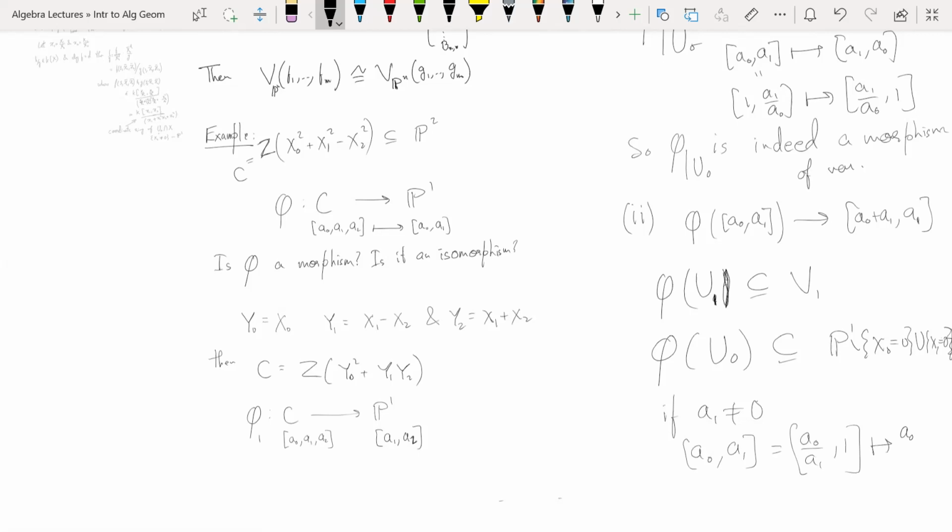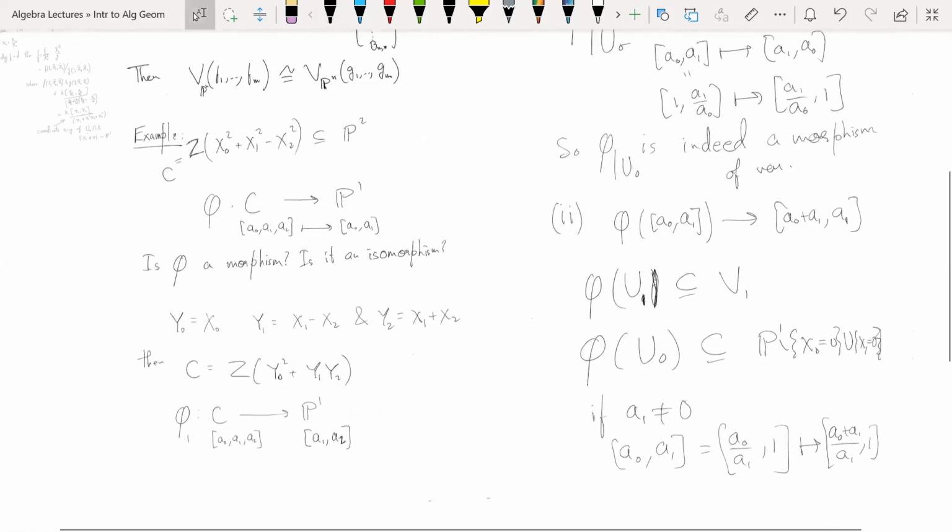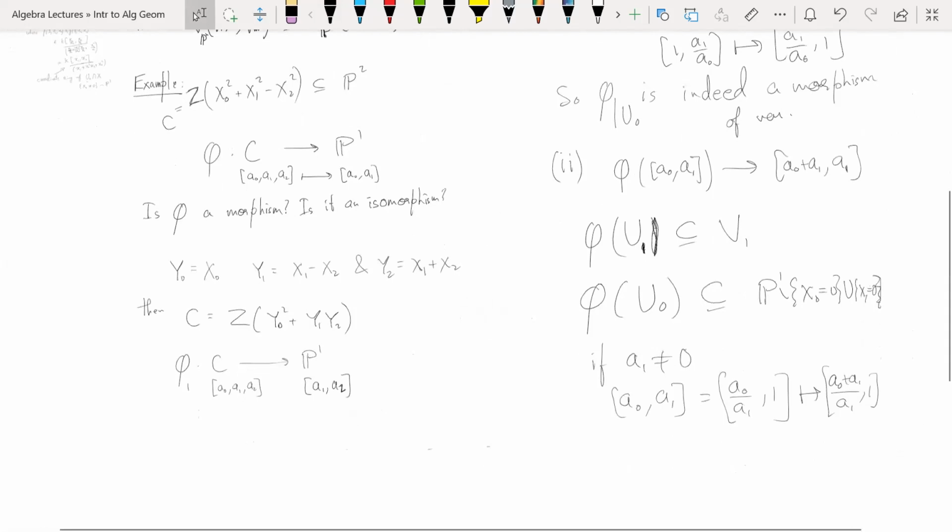So I'm dividing by a1. So a0 plus a1 over a1 comma 1. I mean, it's the same point, but I want to look at it as a point here. So in V1, the two points are the same in the respective P1s, but what it does is this point is the same as a0 over a1 plus 1 comma 1.